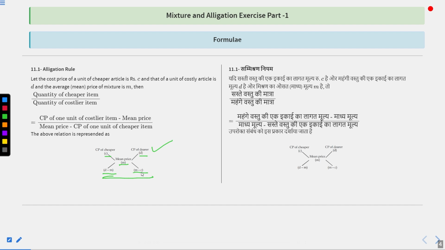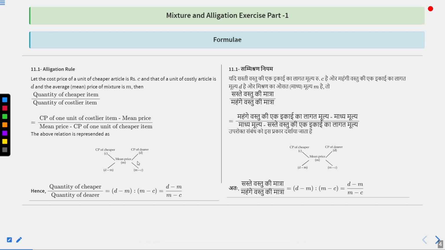So we write M minus C and D minus M. Clear? So this will be the ratio of quantity. D minus M upon M minus C is the ratio of quantity of cheaper item upon costlier item. Clear?